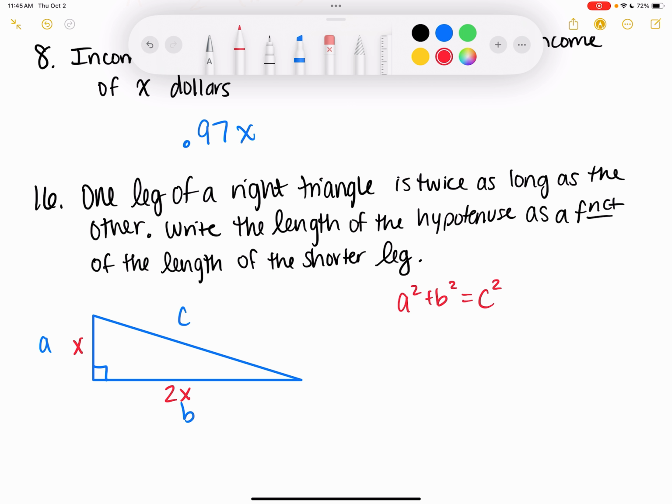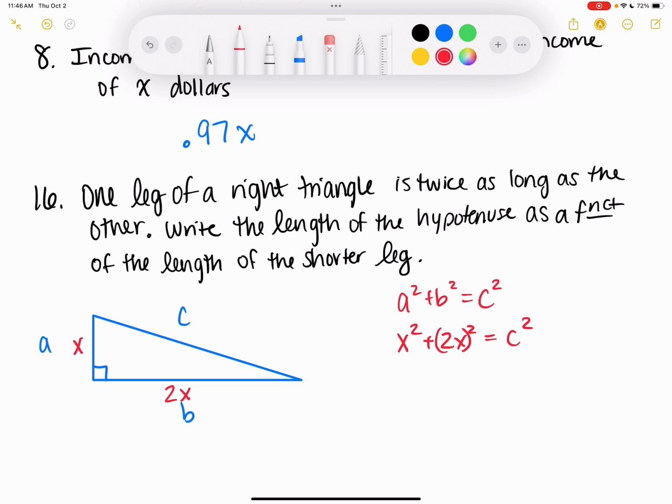So I need to write something that's going to associate these things together. I would replace A with X, so I have X squared plus 2X squared equals C squared. Is it 2X squared? Yes.